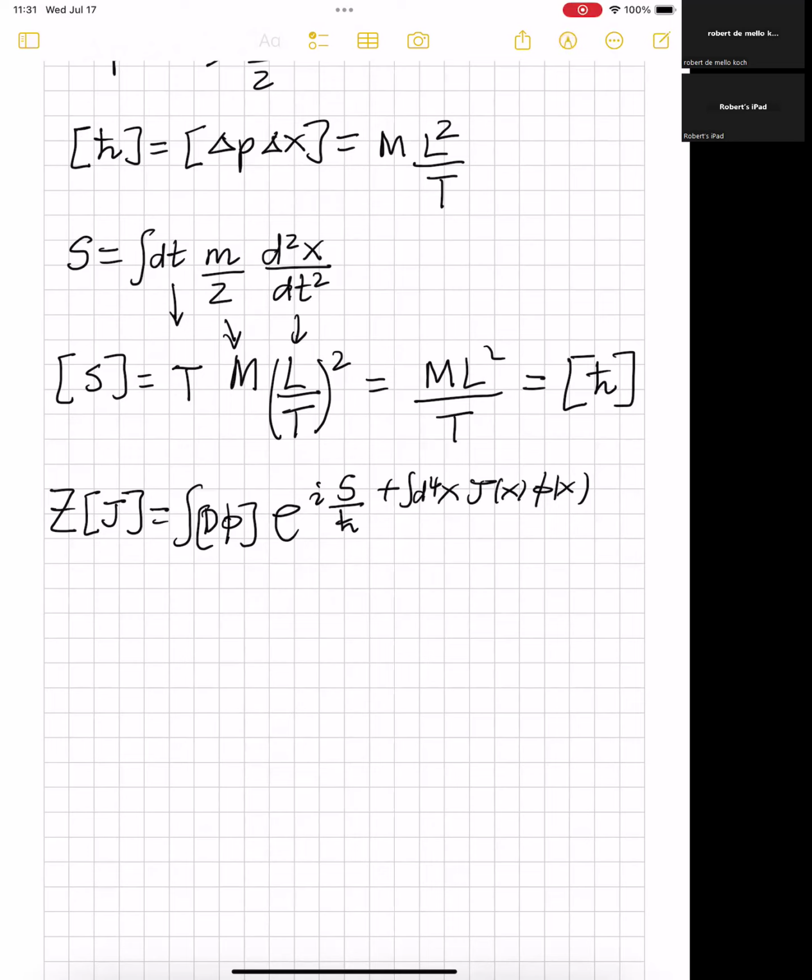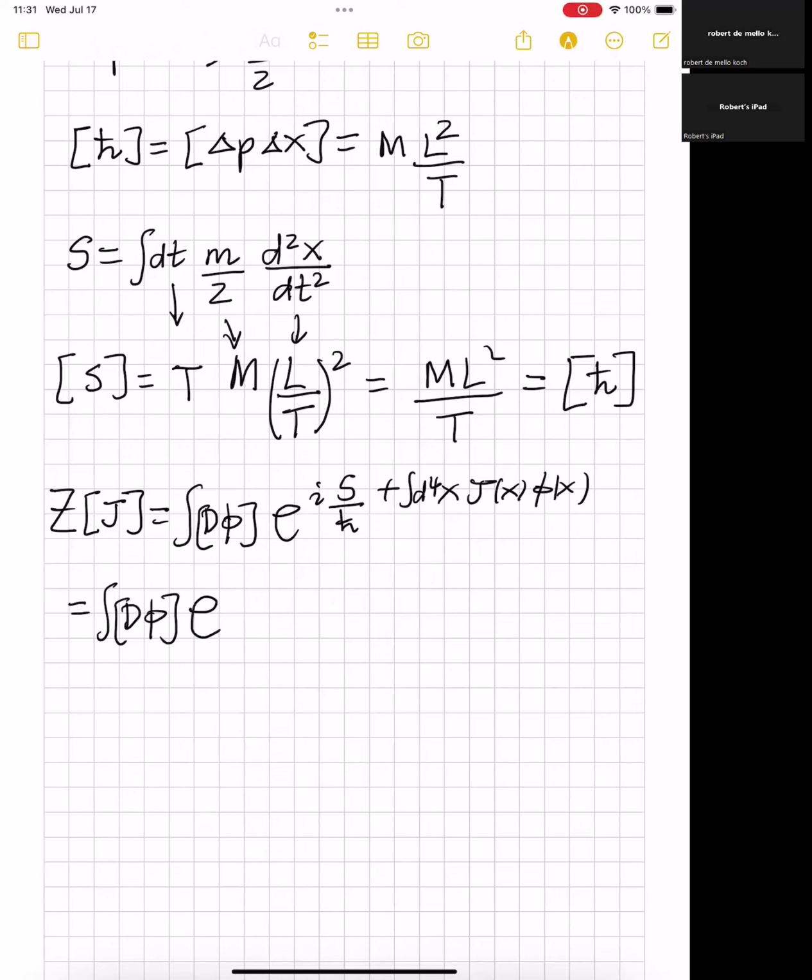Let's write this out in a little more detail so that we can see where the h bar is going. We've got an e. The action will be an integral d4x, then we'll have 1 over 2 h bar, d mu phi squared minus m squared phi squared.